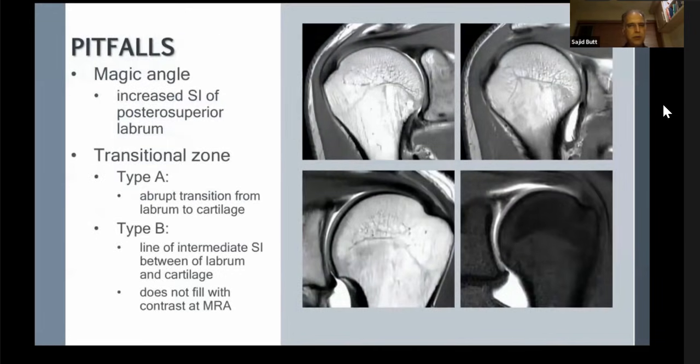Then we've got our old friend, the magic angle, which tends to happen at the postero-superior labrum. You would need to see a long T2 sequence to make sure that you don't call that bit abnormal. This is normal. Normally, we are expecting to see the labrum to be of diffuse low signal, but if you get a spurious increased signal, it's not necessarily abnormal. That's just a magic angle artifact.